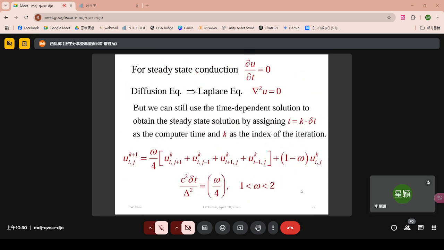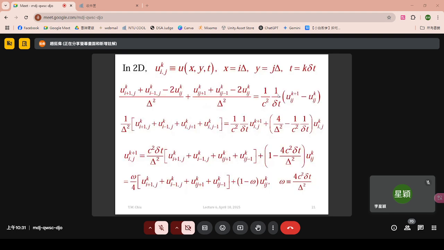For steady state conduction, that means when it reaches thermal equilibrium, the temperature is no longer changing with respect to time, so the temperature is constant. Then this diffusion equation becomes the Laplace equation. The time-dependent solution, when you set omega equal to 1, is actually the same as the Jacobi iteration, with the k iteration and the k plus 1 iteration.